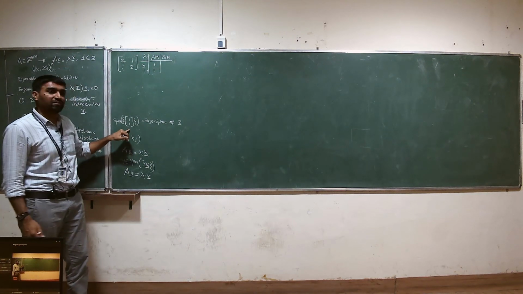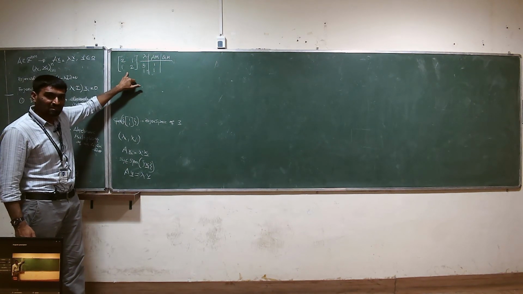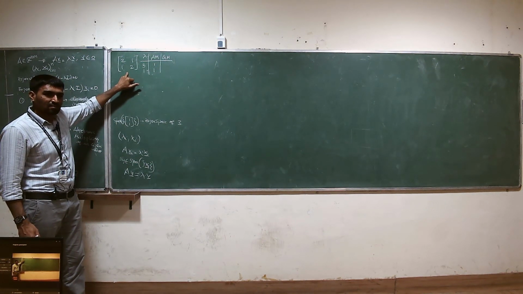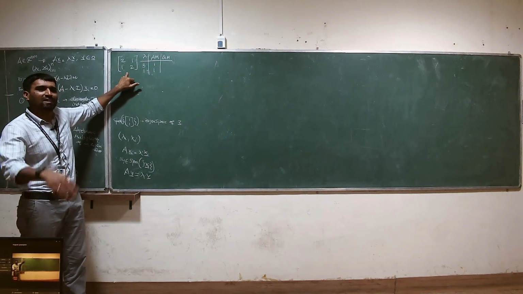If I take the vector 15 15 and I multiply it with this matrix, maybe do it and tell me.